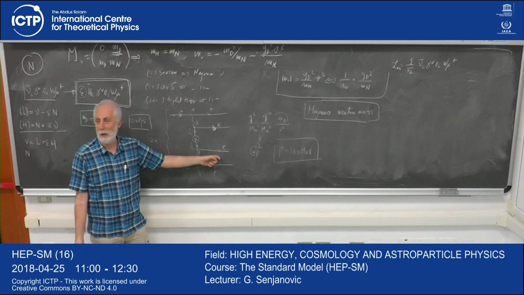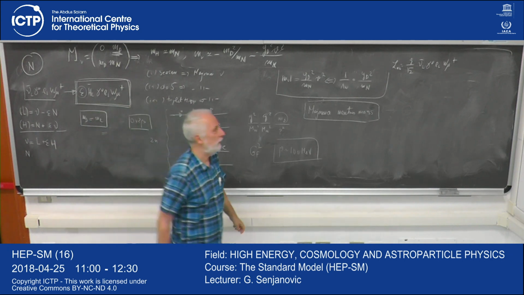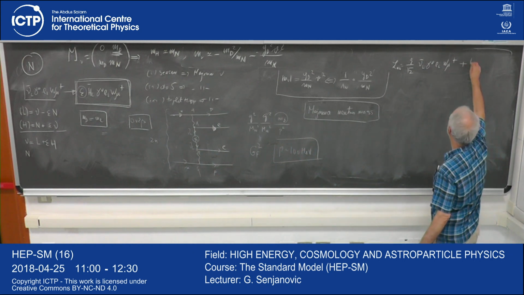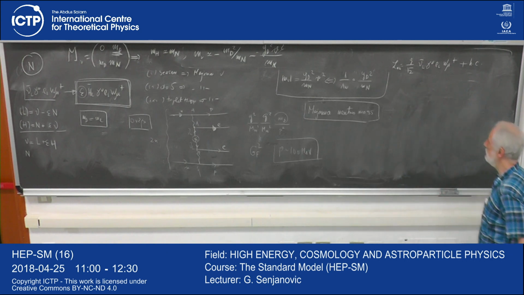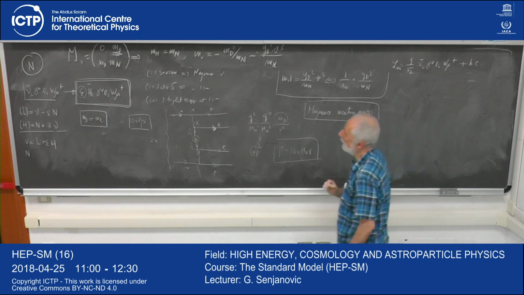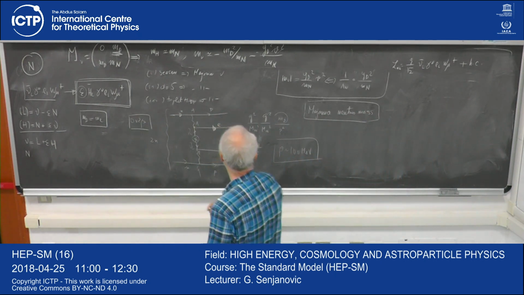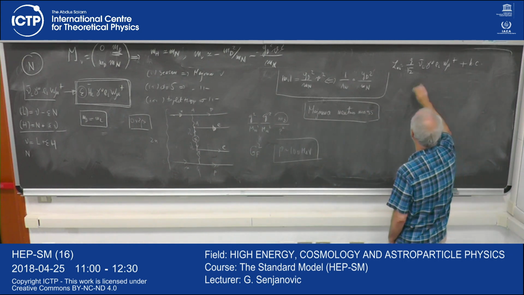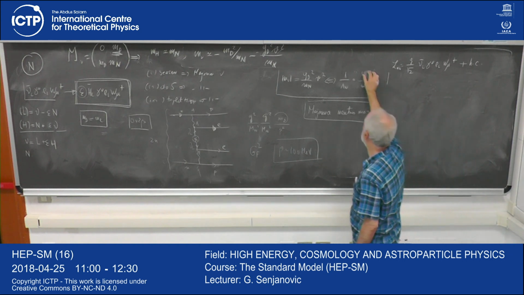We say electron going out is equivalent to positron entering, right? And here there is, of course, Hermitian conjugate. So what does it mean in practice? Remember, I raised it.